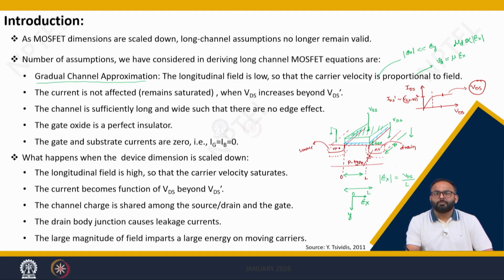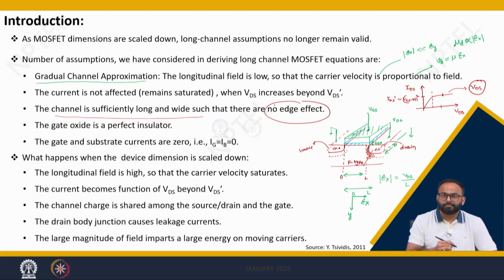So, you are making a reverse bias p-n junction. In the reverse bias p-n junction, the expansion of the depletion region will be there, and in our previous analysis we considered that this depletion region expansion is negligible as compared to the length of the channel. That is what we considered, that the channel is sufficiently long and wide such that there is no edge effect.